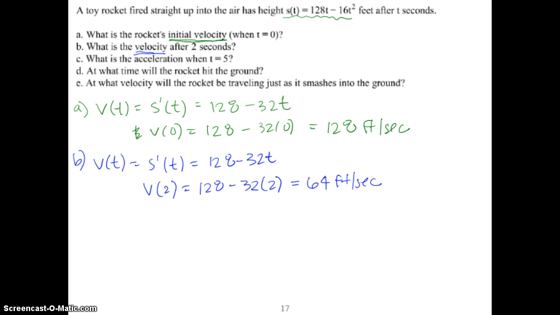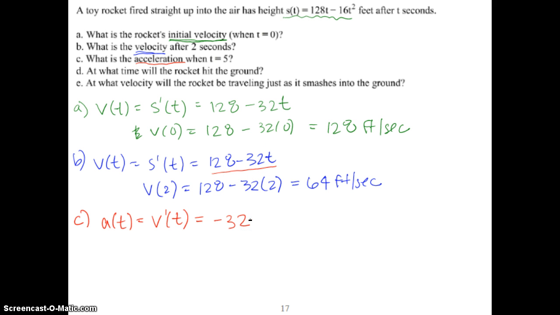Okay, so C says, what is the acceleration when t equals 5? Acceleration is our key word. Remember, acceleration is the derivative of velocity. So A of t is the same thing as v prime of t. We have to take the derivative of the velocity function, which is negative 32.